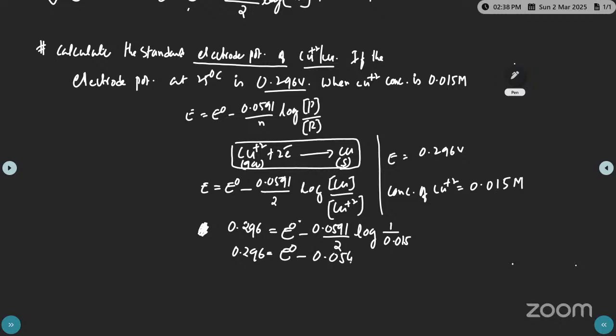Okay, log of 1 by 0.015, and all the values if we simplify, we will get 0.054, and then E naught is equal to 0.296 plus 0.054. సో దీన్ని సింప్లిఫై చేస్తే, సో 0.350 volts. ఎంతది? 0.350 volts. ఓకే, సో దిస్ ఇస్ ద ఆన్సర్.